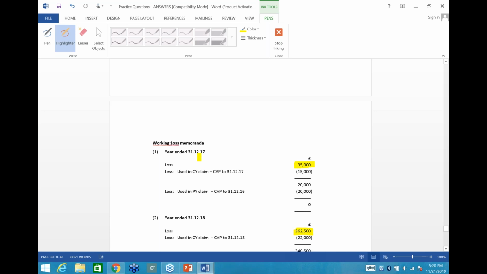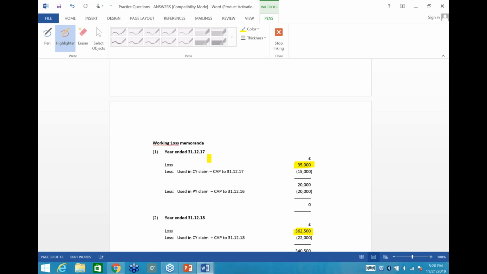If you take the year ended 31st December 2017, the question wants you to claim the loss relief as early as possible. Therefore, carry forward relief should be the last resort. For you to get the relief as early as possible, you should consider the carry forward relief as your last resort.